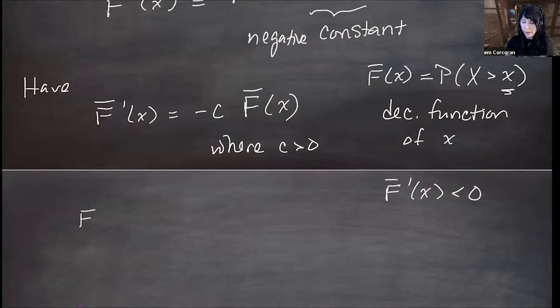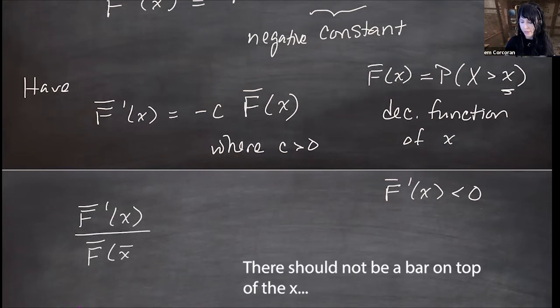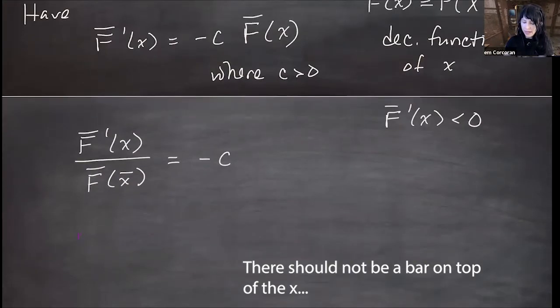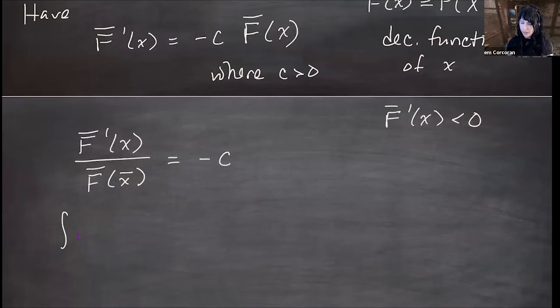So I don't know how up everyone is on their differential equations, but you would divide and put both of the F bars on the left side, and then integrate both sides with respect to x.